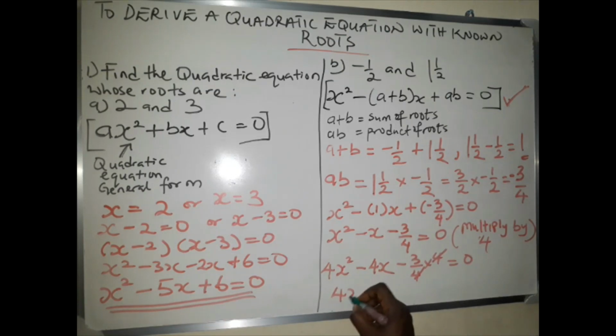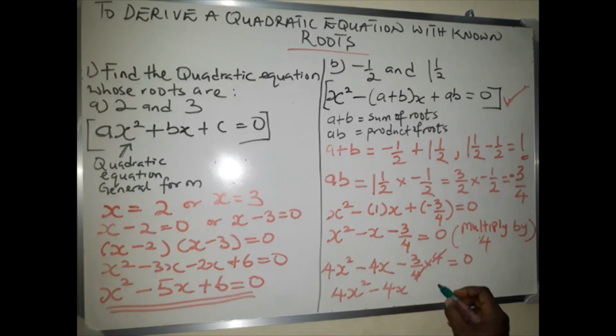So the quadratic equation whose roots are minus half and 1.5 will now be equal to 4x squared minus 4x minus 3.